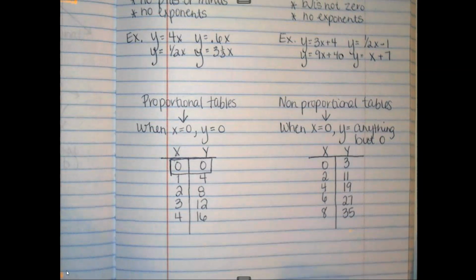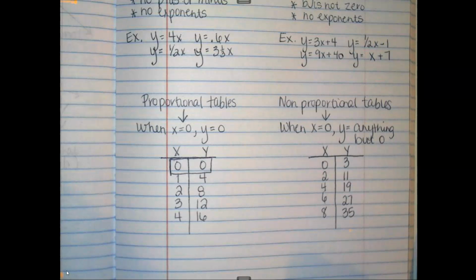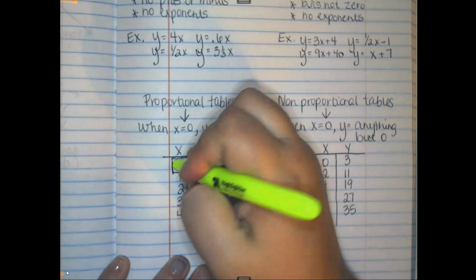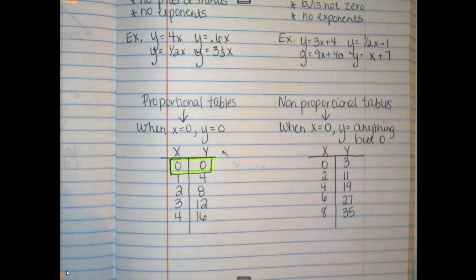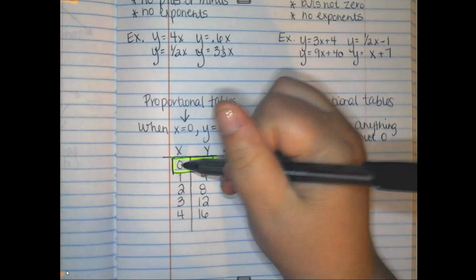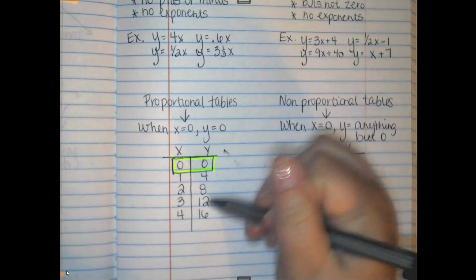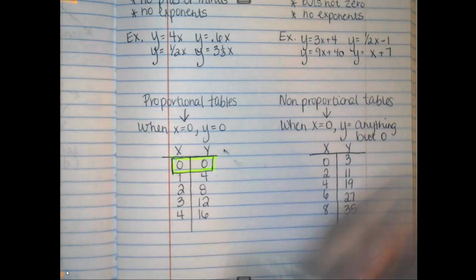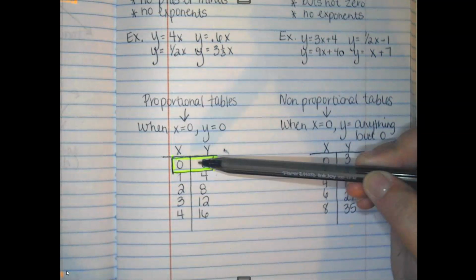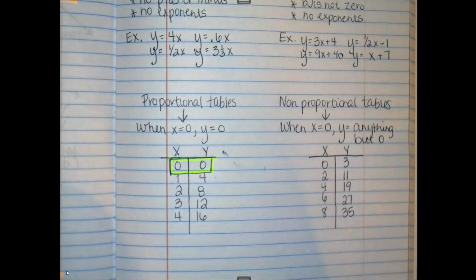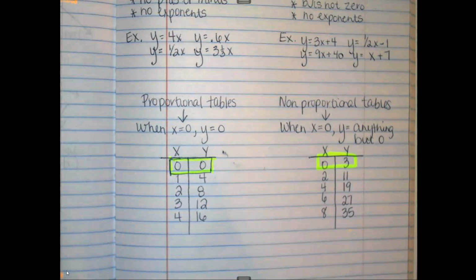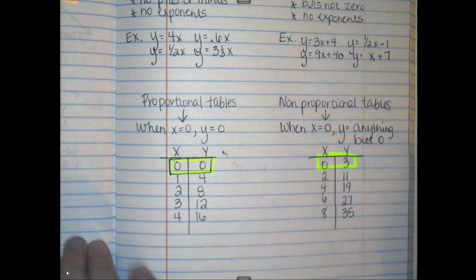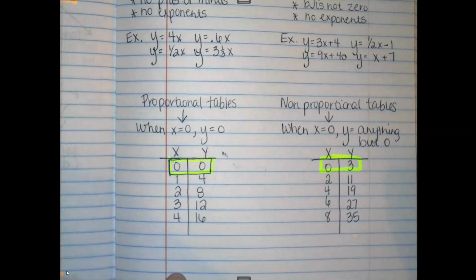If you wanted to, you could get a highlighter and highlight that X. But when X is 0, Y is 0, so this is a proportional table. If I were to graph it, it's going to go through the origin. Versus my non-proportional, when I look at my X and Y, I have 0, 3. And that is not proportional.